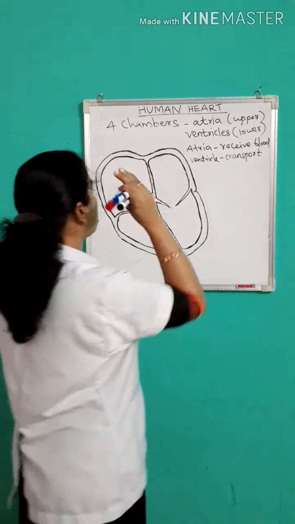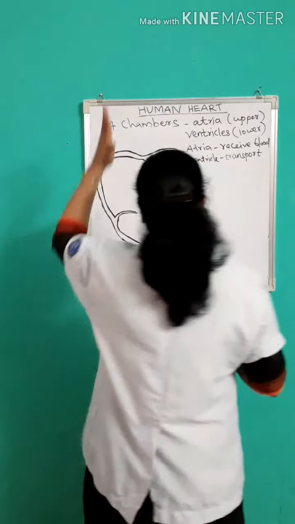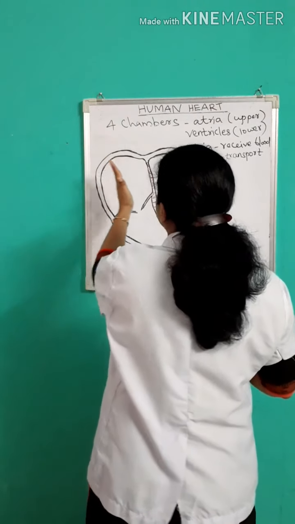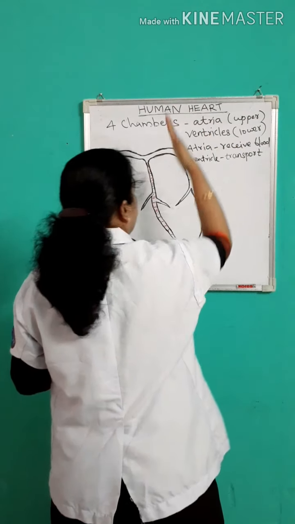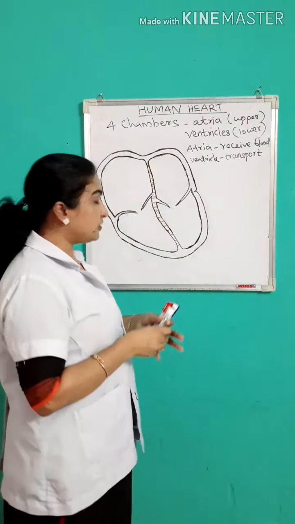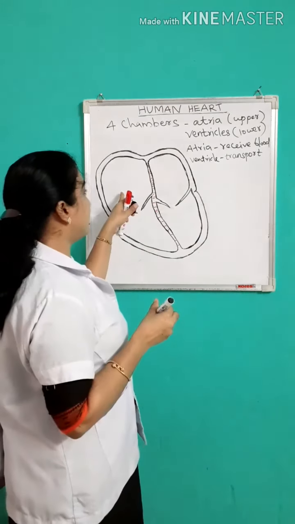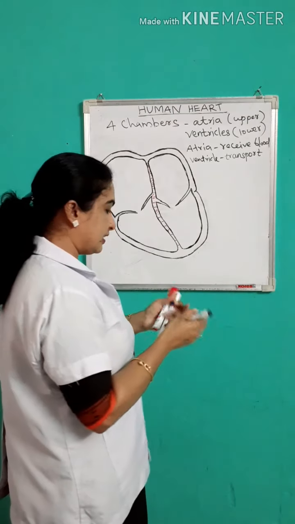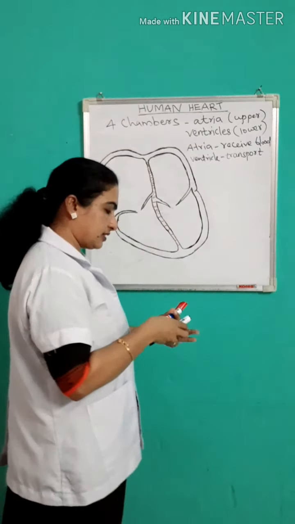See, when you face the diagram of a heart, your left hand side is the right side of the heart and your right hand side is the left side of the diagram. Is it clear? So which is the right side of the heart then? This is the right side. My left side is the right side of the heart.